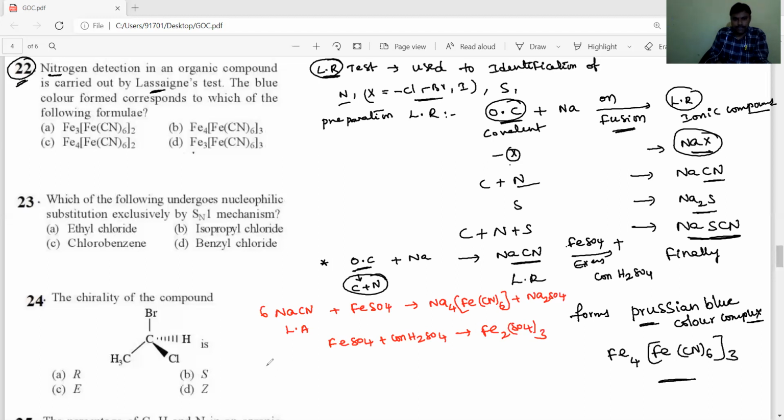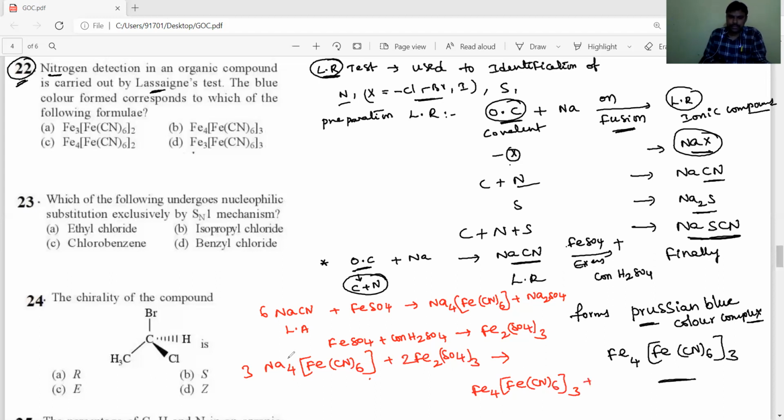This ferric sulfate reacts with Na4[Fe(CN)6] to form Fe4[Fe(CN)6]3. Here we need to take 3 moles of Na4[Fe(CN)6] and 2 moles of Fe2(SO4)3, giving Fe4[Fe(CN)6]3 plus 6 moles of Na2SO4.